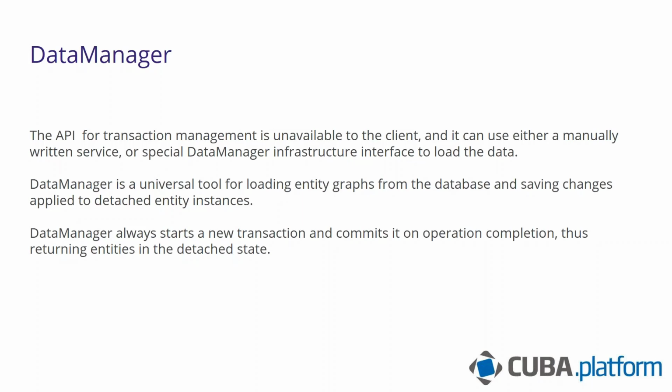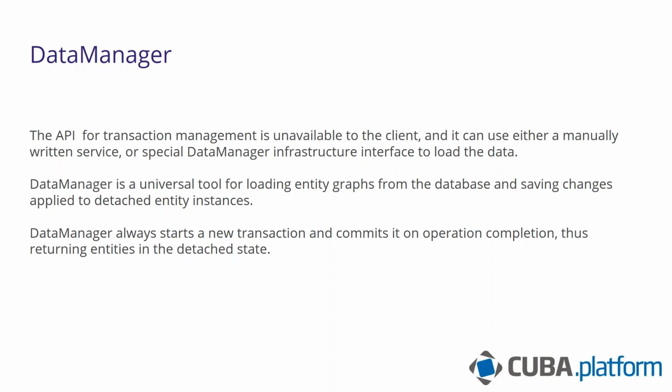So we can use only service calls or the DataManager interface. DataManager is a universal tool for loading and committing entity graphs from clients. DataManager always starts a new transaction and commits it on operation completion. So DataManager starts all the transactions automatically.